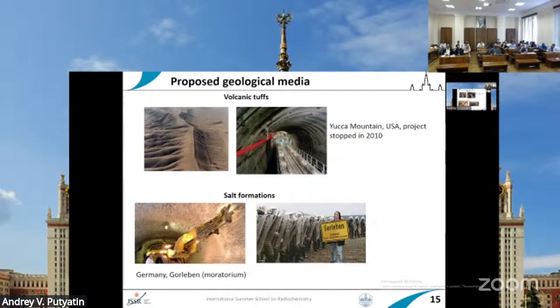So volcanic tuffs in Yucca Mountain, as you know, this project was stopped already 15 years ago due to some safety concerns that it is not a suitable place for the high-level waste disposal for a very long period of time.